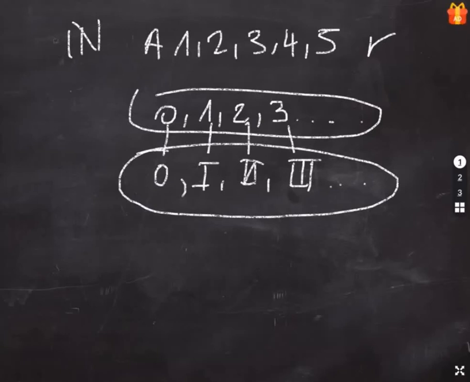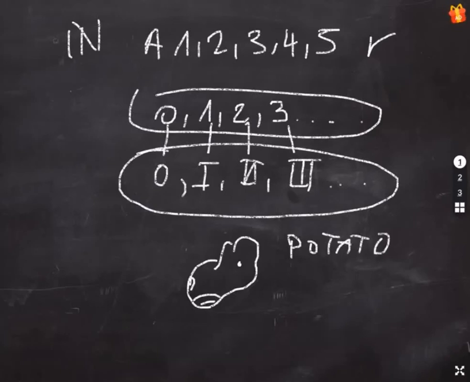It's like a potato is always a potato. It's going to be a potato in English. It's going to be a creïlla in Catalan. And it's going to be a pomme de terre in French.